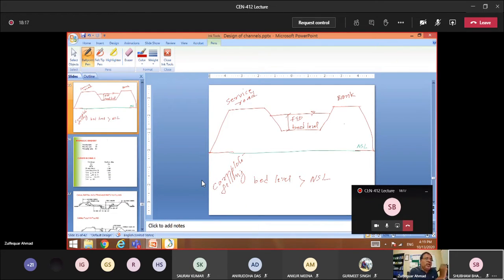So you can see here now a term that will come into the picture, and that is that the bank level will be different from your service road level, right? So here we'll define a term, the so-called freeboard. So this one is a freeboard.